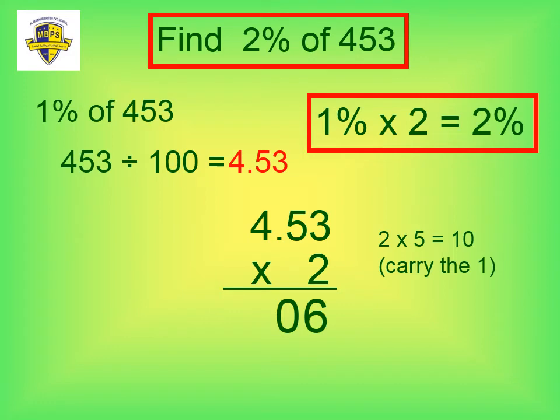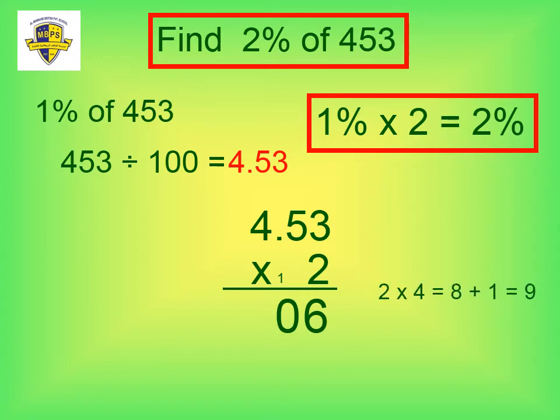Then 2 multiply 4 equals, good, 8, and plus 1 equals 9. So the answer is 906. Now we want to know where we should put the decimal.